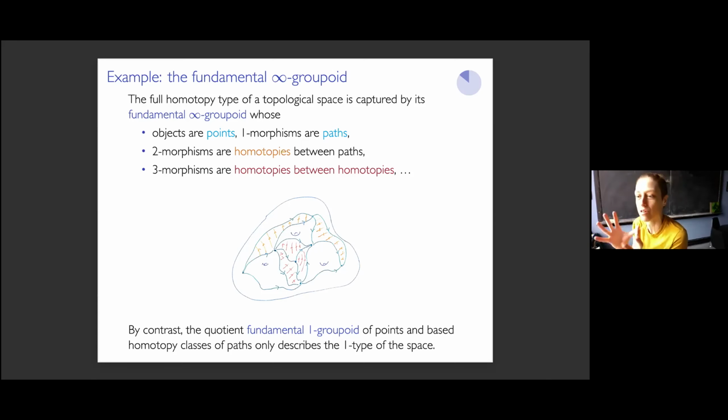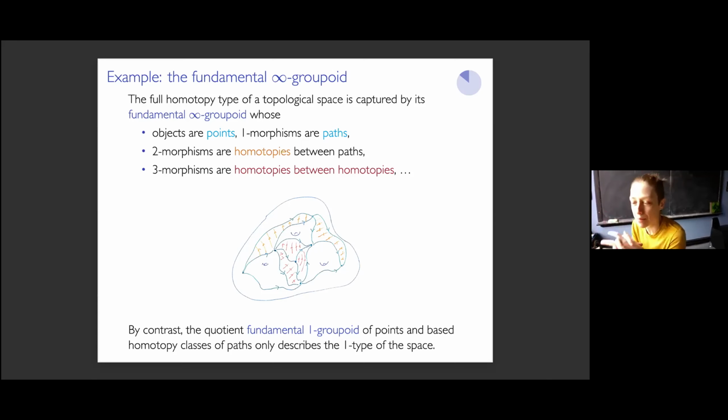The objects are chain complexes. The morphisms are chain maps, the same as in the ordinary one-category of chain complexes. Then the two-morphisms are chain homotopies, which are these degree one maps, and there are higher versions of those which define the 3, 4 and 5-morphisms. So the difference is whether every single morphism is invertible, which makes you an infinity groupoid, or whether there's some dimension where there are non-invertible morphisms.